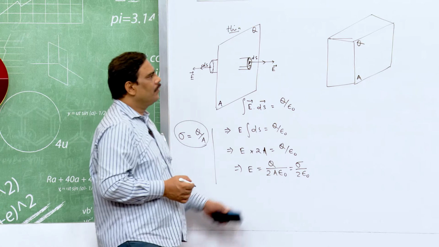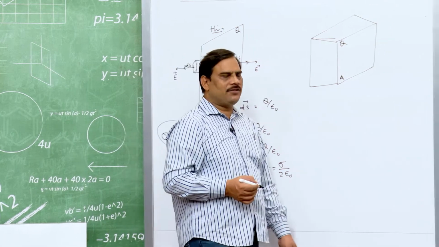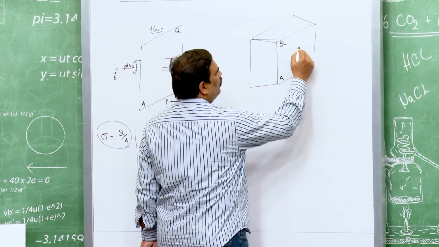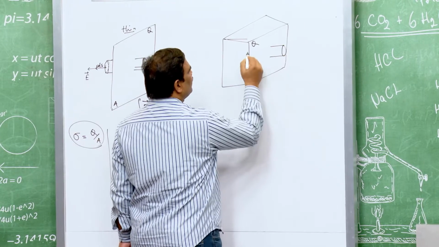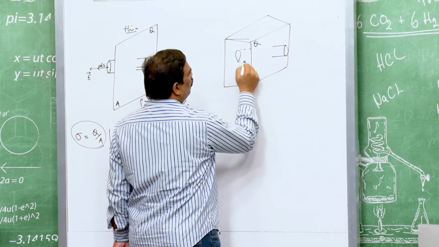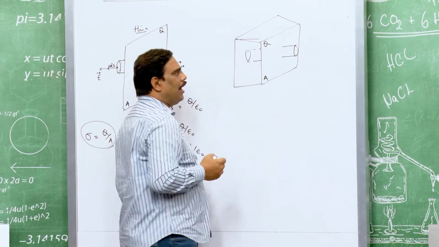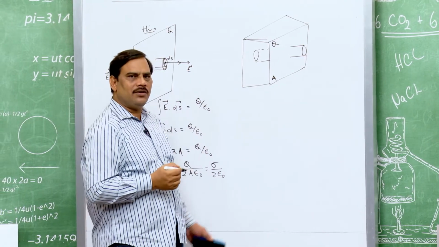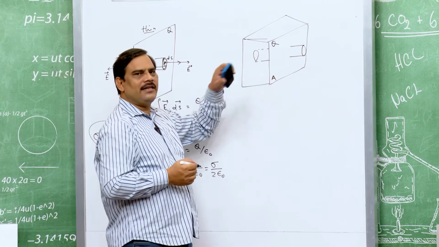Similarly, if I consider a thick plate, one side of the Gaussian surface will be outside the surface and the other side will be inside the surface.